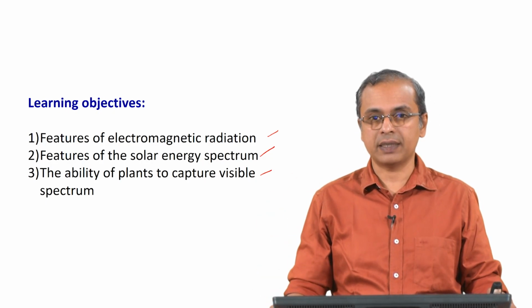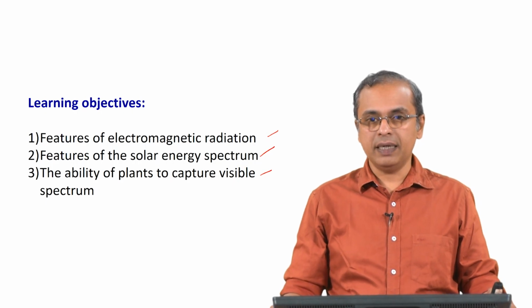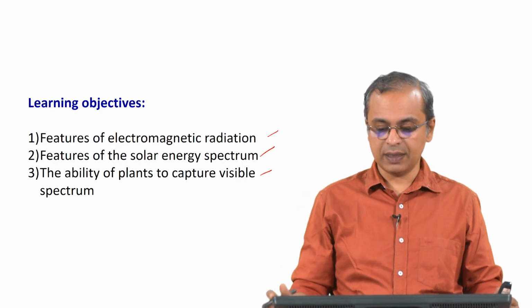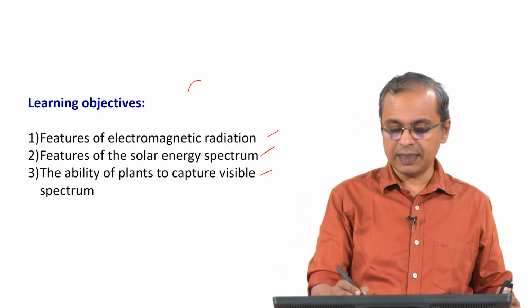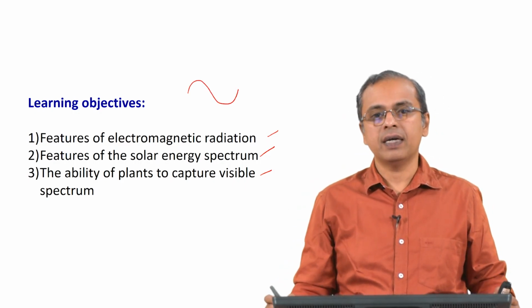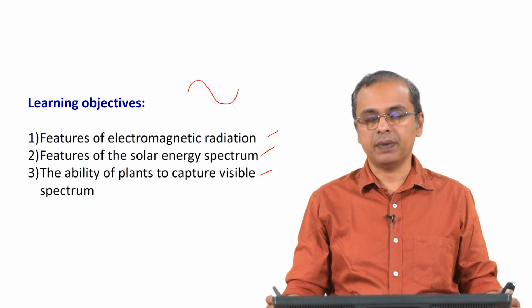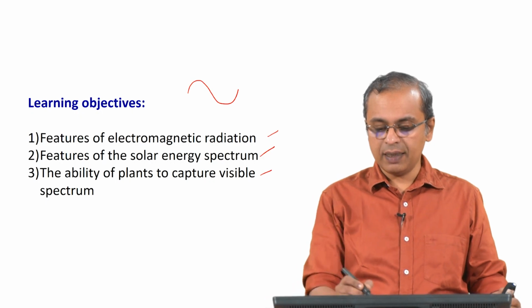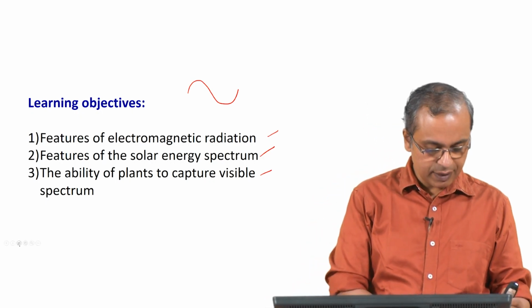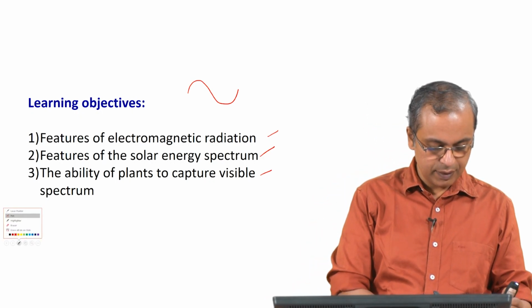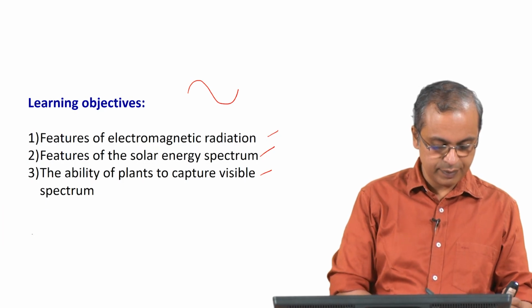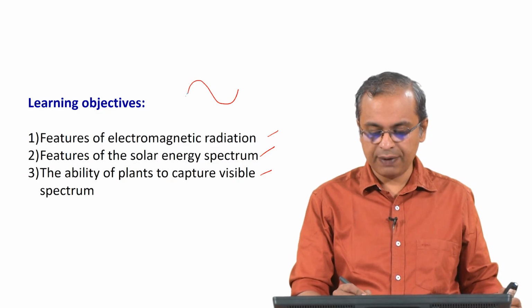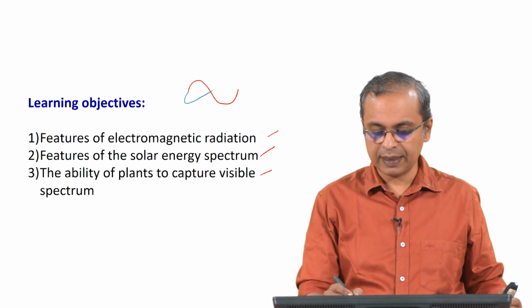In the wave description of electromagnetic radiation, we see that it basically has a sinusoidal kind of wave, and in a perpendicular plane we would also have a wave that goes like that.